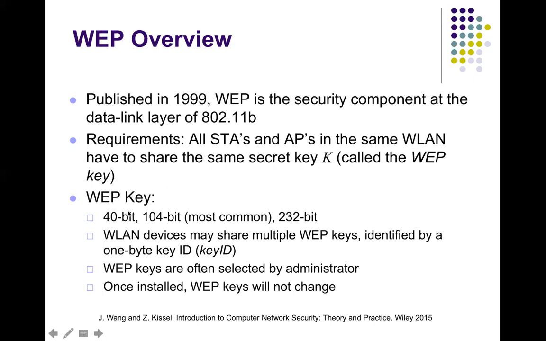The length of the WEP key at the very beginning was 40 bits, and later it was extended to longer lengths; the most common was 104 bits, and it could also be 232 bits long.